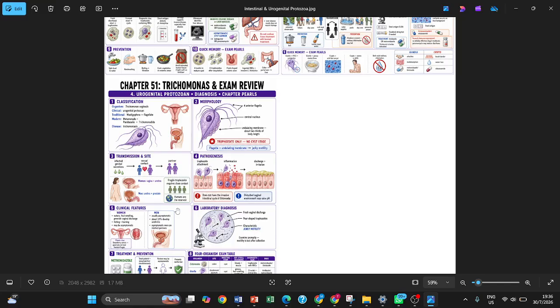And so the pathogenesis: you've got your trophozoites, they touch the mucosa, which causes inflammation, which then leads to the discharge and irritation. You have to note that it does not cause any invasion, like it does not have the invasive intestinal cycle of Entamoeba, right? And a disturbed vaginal environment may raise pH. We already alluded to that.